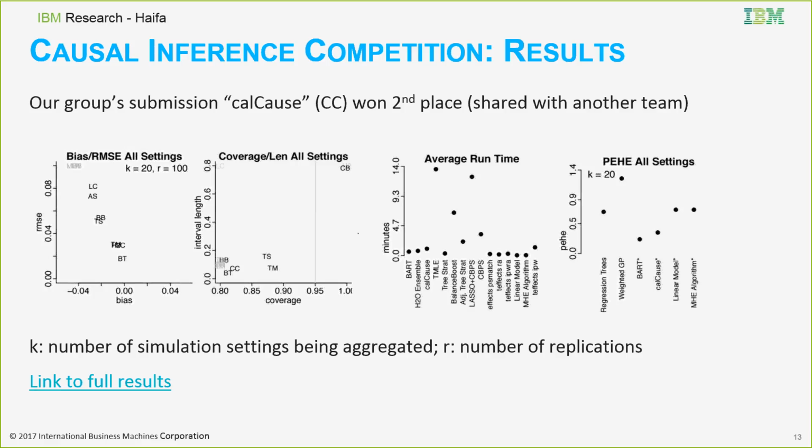Maybe it depends whether you look on coverage or interval. Then also the measure runtime, and this plot here on the right shows the individual level, the root mean square error on the individual estimation.